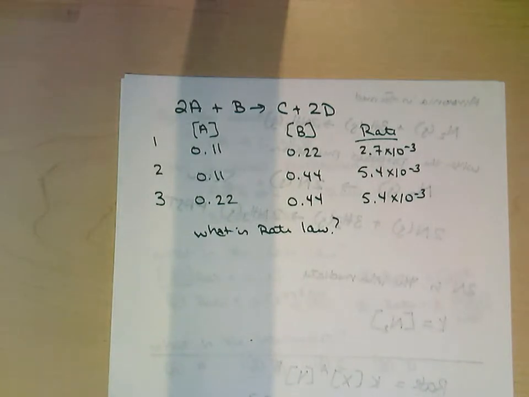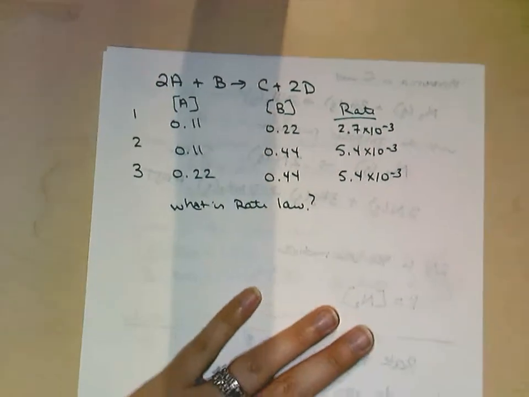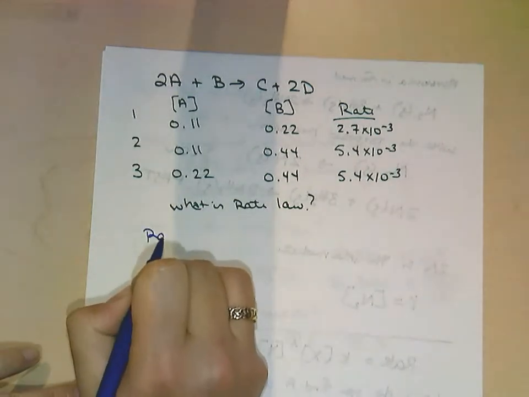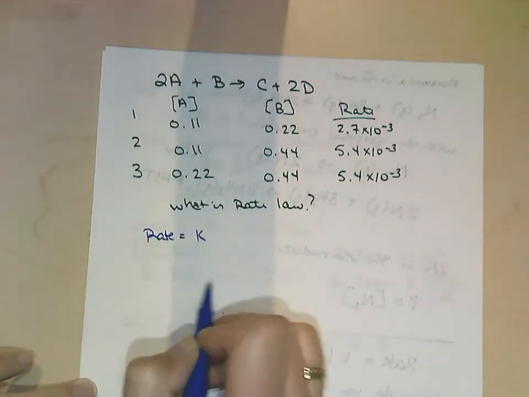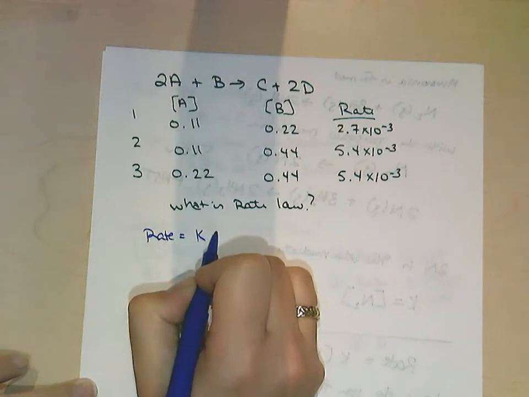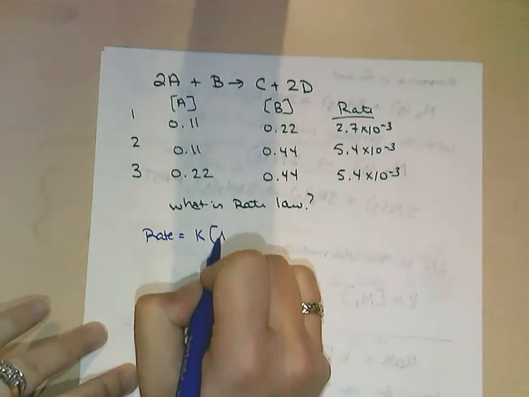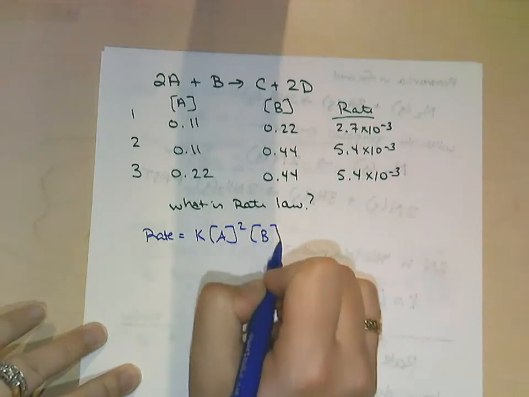All right, so here I have a table of experimental data, and I want to figure out what the rate law is for this reaction. Okay. Why is it not that?